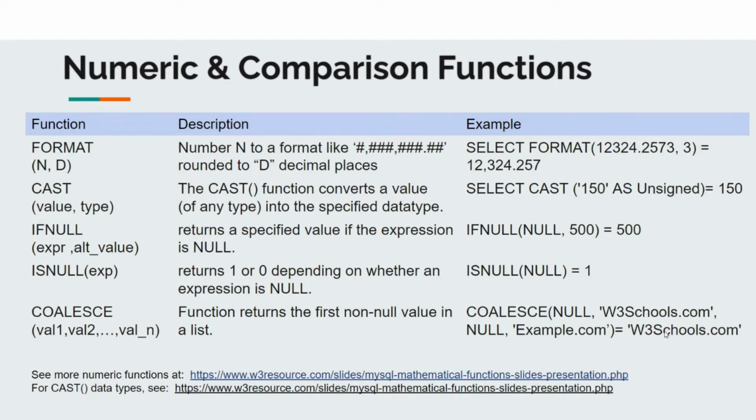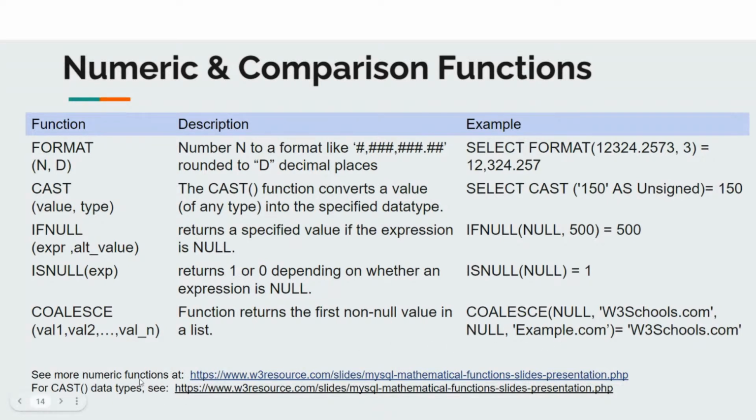That could be valuable if you have different currency values, and you just want to return the first one that isn't null. It can be useful to pick out the first non-null value in your observations.